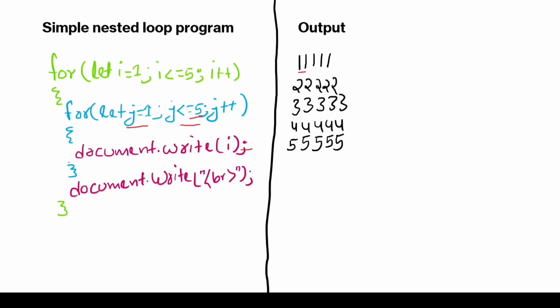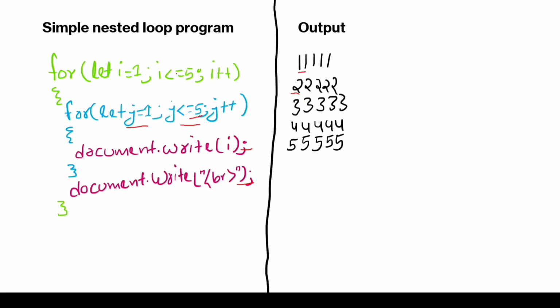After that it sees break, comes to the next line, and then increments i from 1 to 2, then checks the condition.